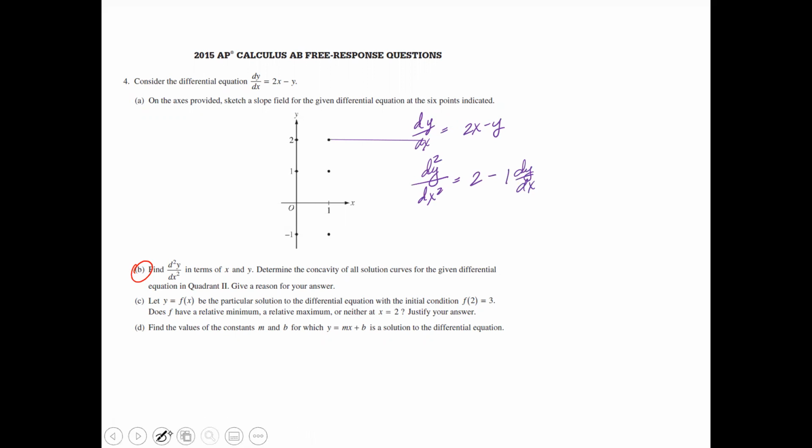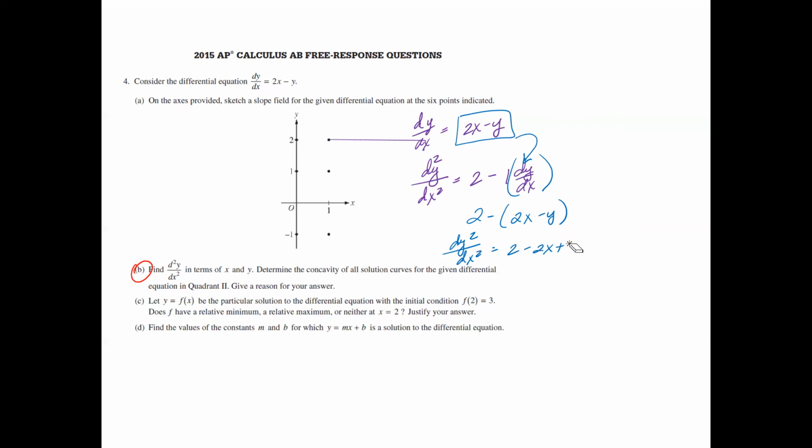From the initial equation, dy over dx equals 2x minus y, so I'm going to plug it in here. So I have 2 minus (2x minus y), which is the same thing as, if I distribute the negative, 2 minus 2x plus y. So that's your second derivative.